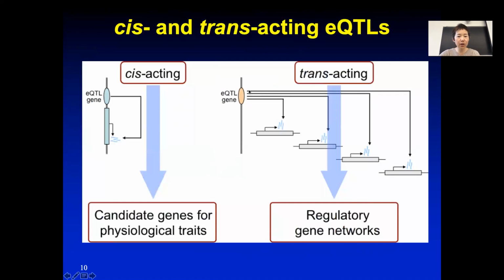But there are trans eQTLs, where one SNP somehow influences the expression of many genes on different chromosomes. Can you guess what is happening there? Some students suggest super enhancers. So a super enhancer might have an effect, but a lot of super enhancer target genes are transcription factors too.